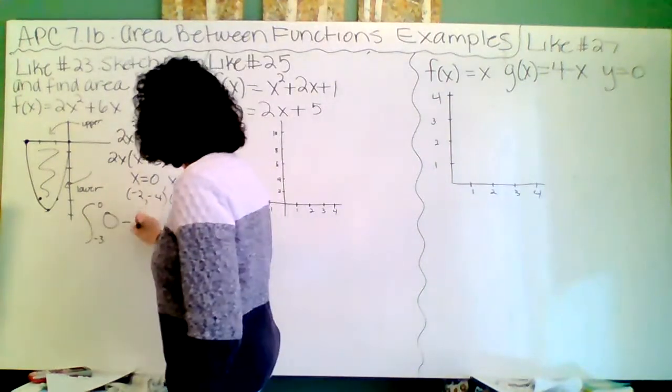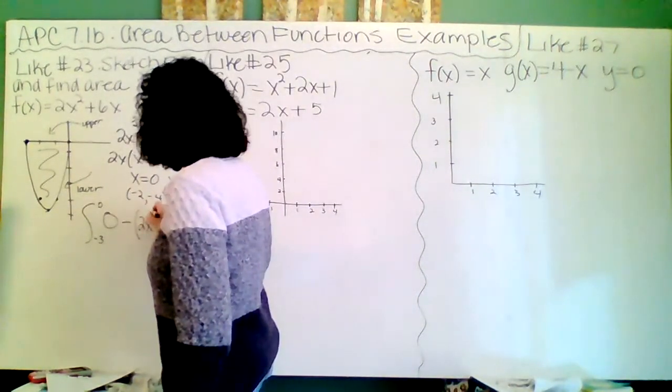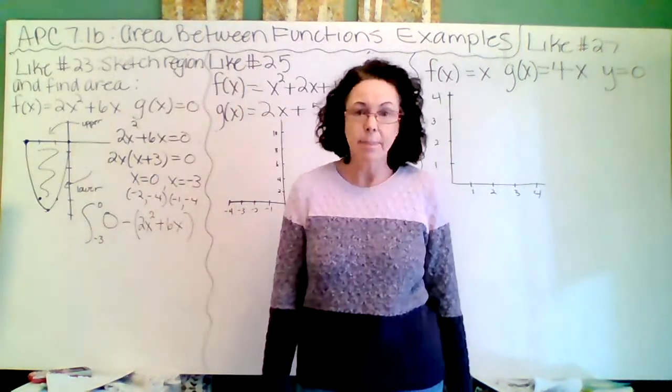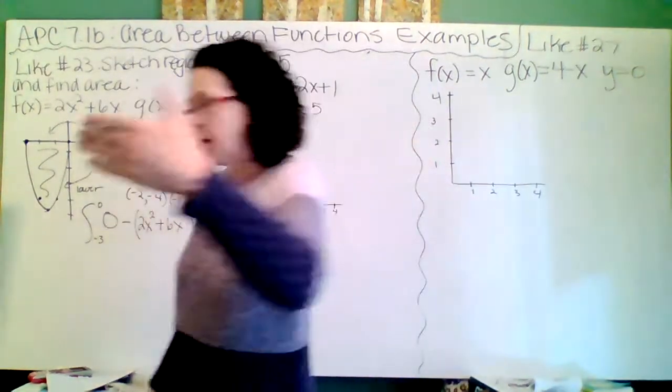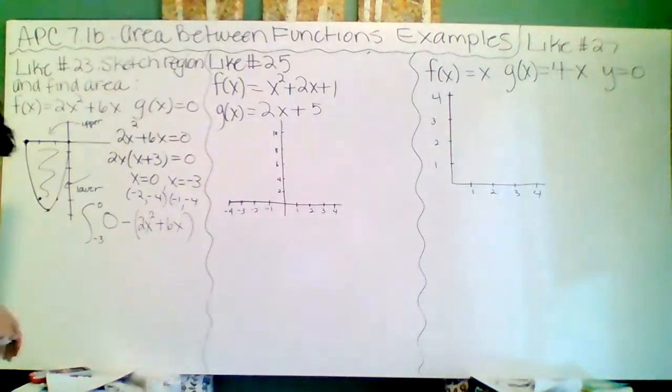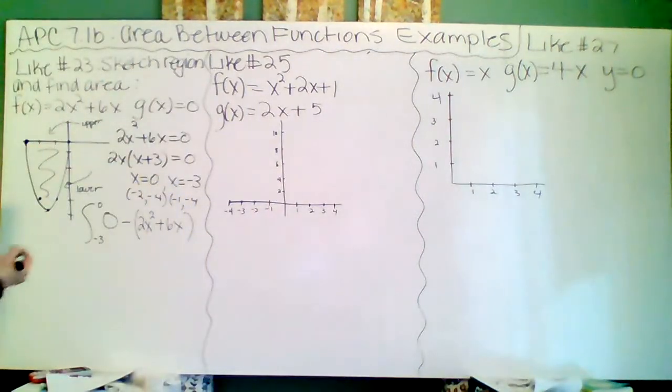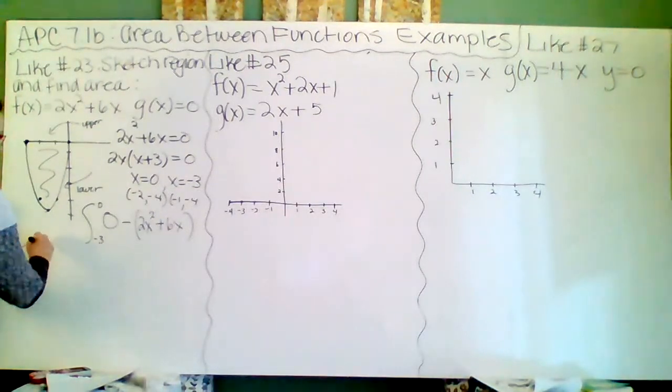Upper function minus lower function. I am going to be sure to subtract the entire function. Again, this is going to give us a positive area whenever we do upper minus lower. Kind of like absolute value. When you always do a higher number minus a lower, it's always going to be positive. So let's integrate from negative 3 to 0.